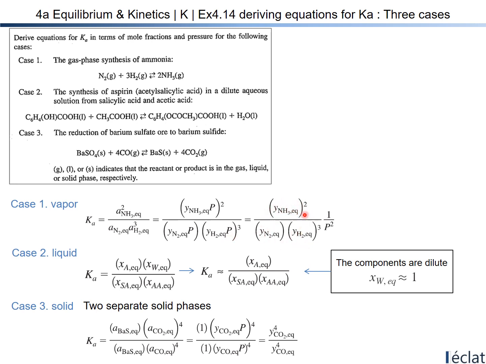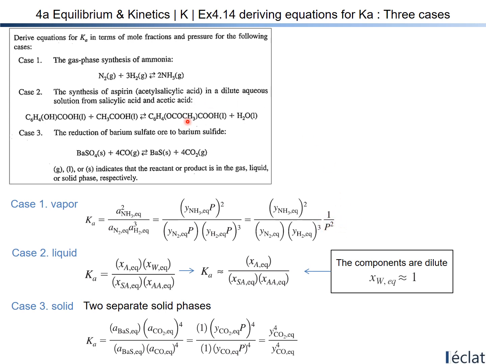We have a term with the total pressure to the power of -2 here, because the total summation of the stoichiometric coefficients is 2 minus 3 minus 1, so -2. So on the right hand side of this equation you have 1 over P squared.